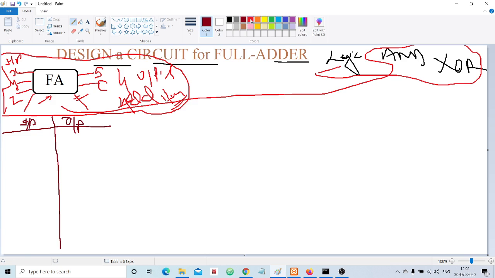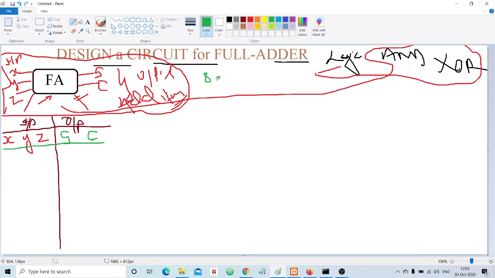Look at the block diagram or high level diagram. How many inputs will this full adder circuit take? Three inputs. Which are those? X, Y and Z, right? And how many outputs will it produce? Two outputs. One is sum and the other one is carry, right? So how many rows will there be in this truth table? It will be 8, right? How is it 8?